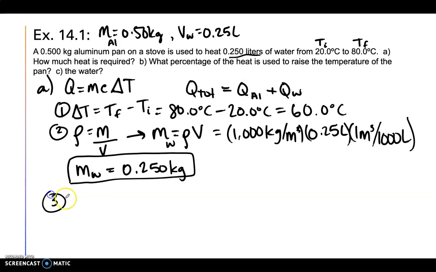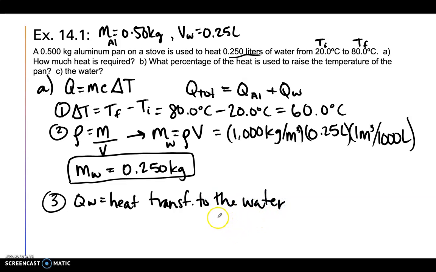Now, the first thing that we want to do is find out the heat transferred to the water. So Q is our heat transferred to the water. That is going to be equal to m sub W c sub W times delta T. Our mass again is 0.25 kilograms.